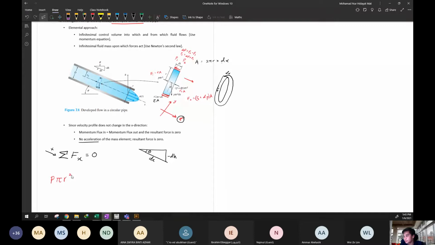And then this is positive and this is negative, minus P plus dP, the change of pressure, pi r squared. And then we have shear stress, minus tau 2 pi r dx.